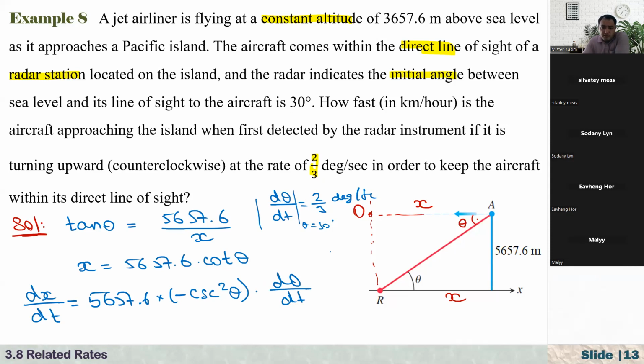When it is 30 degrees, I will evaluate this. We have to find dx dt when theta is equal to 30 degrees.